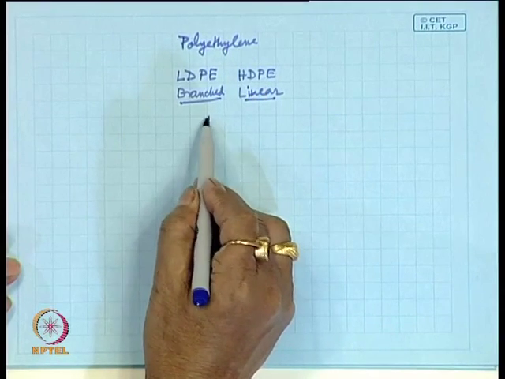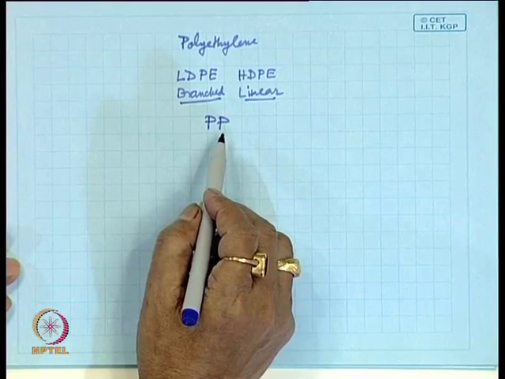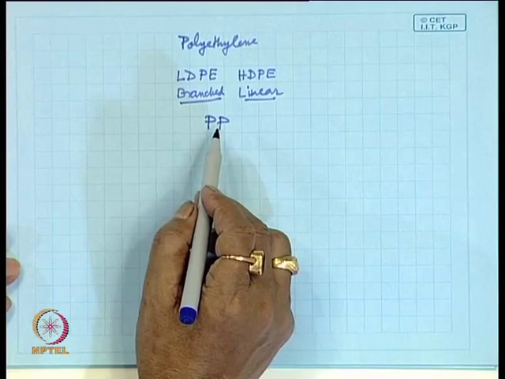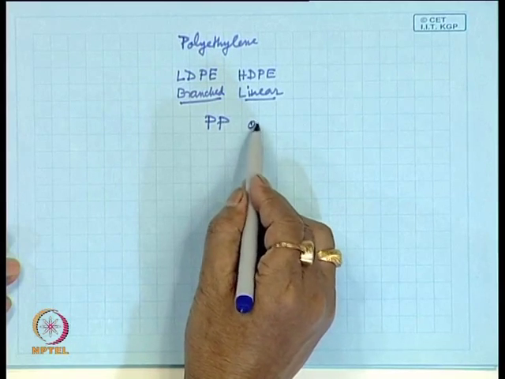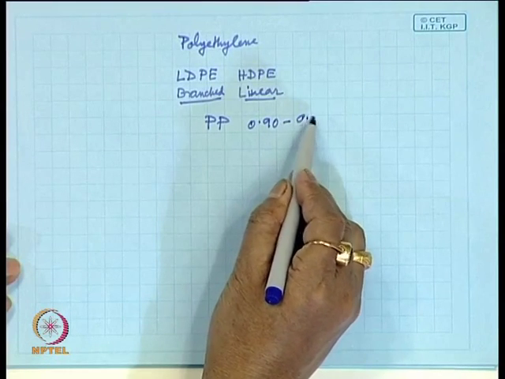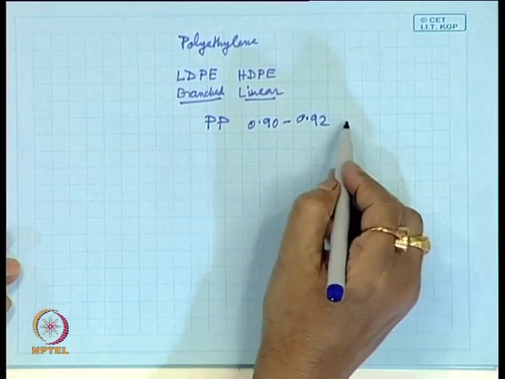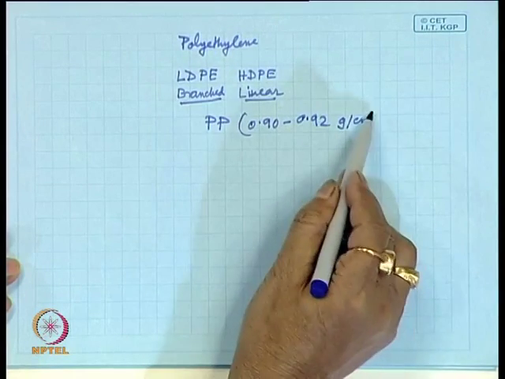Think of polypropylene, PP. It is the lightest polymer, density sometimes 0.90 to 0.91 or 0.92. This is the density or specific gravity of this polypropylene.